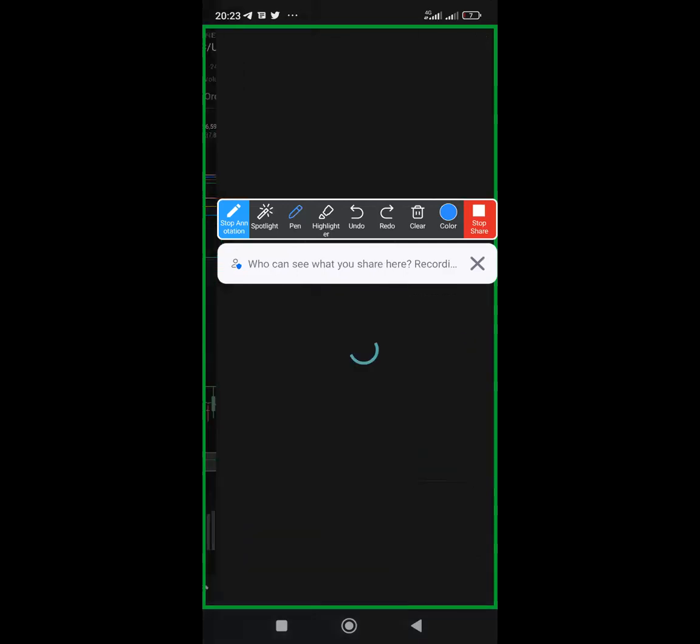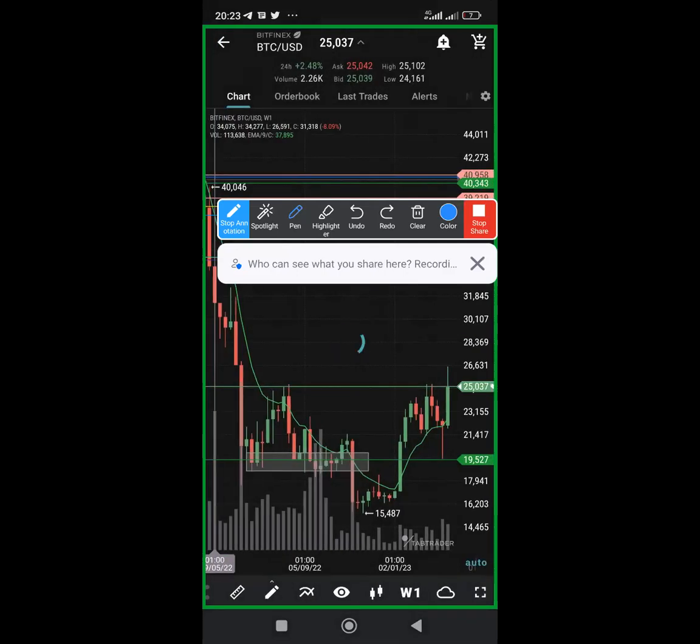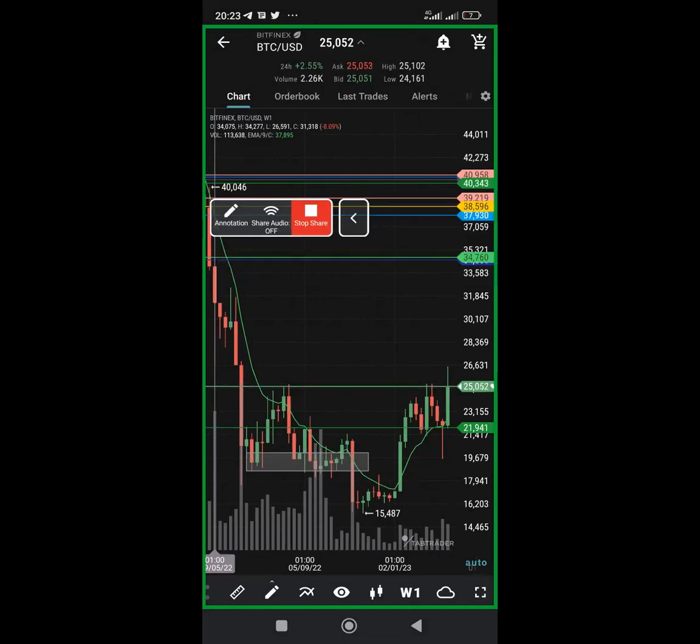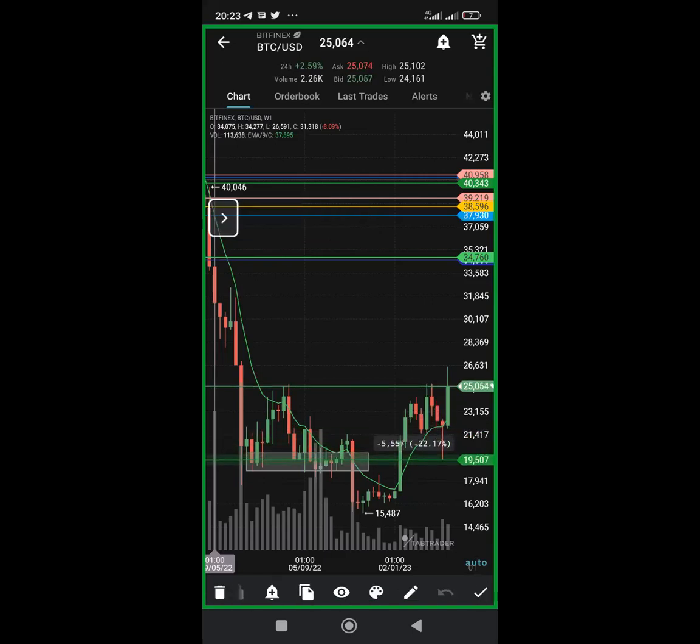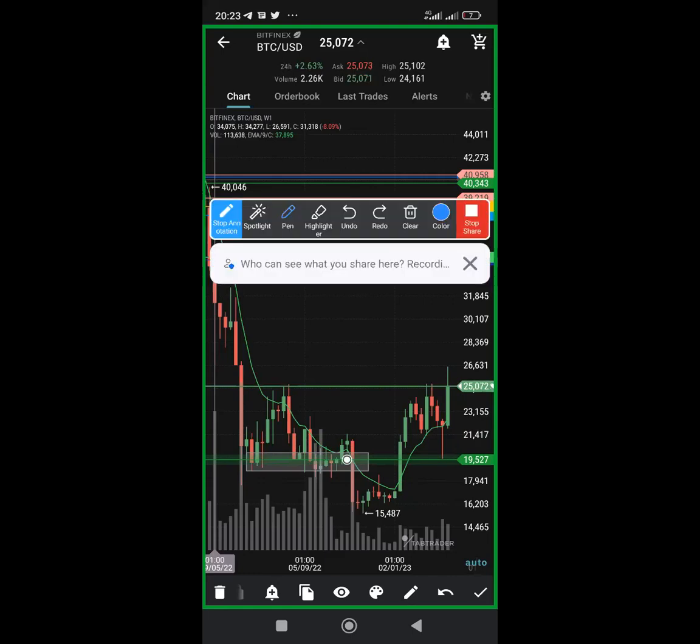You can see my screen is rebooting. Okay, let me show you. You can see in this red one, where there's a sell, it stopped there.